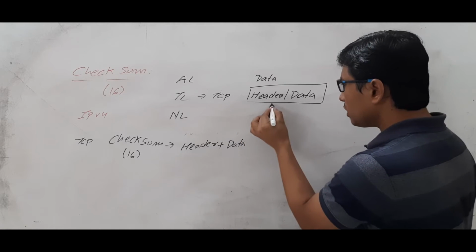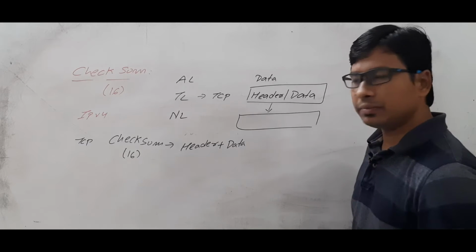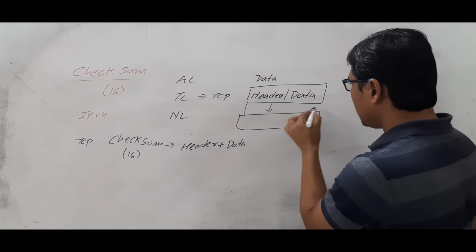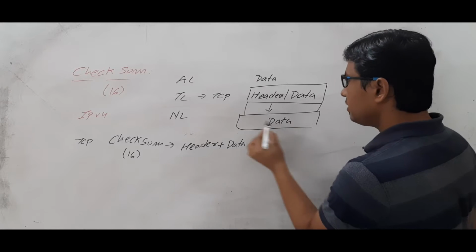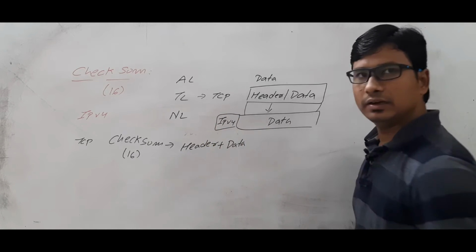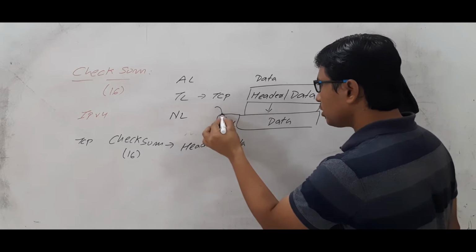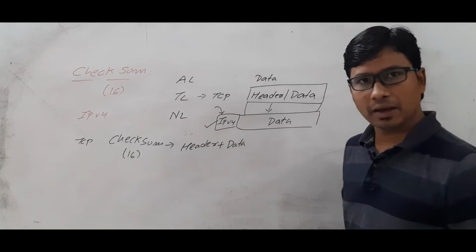So that one will come to the IPv4. When it is coming, this entire part will come as a data, and for that one IPv4 header will be added. At the network layer, we are computing the checksum for this one. Am I right or wrong?